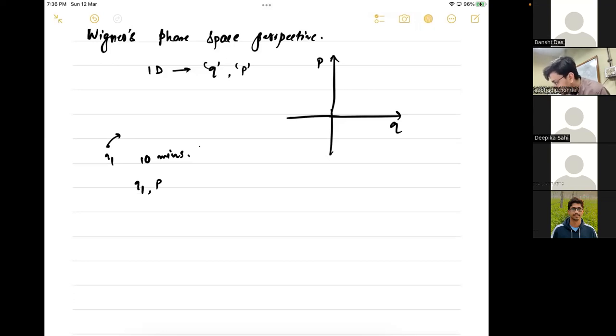You have to know these two things initially to predict what will happen to the coordinates or momentum after time. So that's why system dynamics actually happens in the phase space, not in the configuration space.